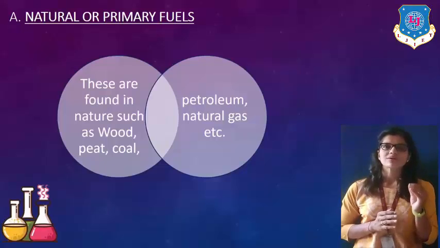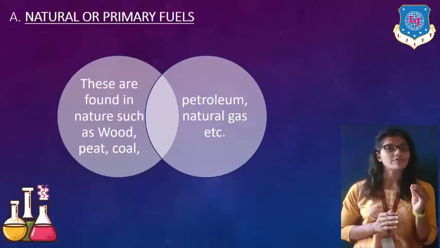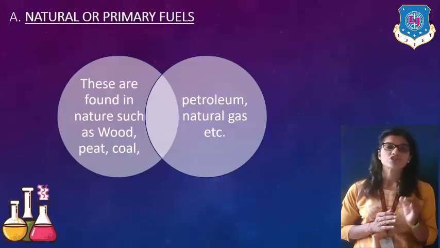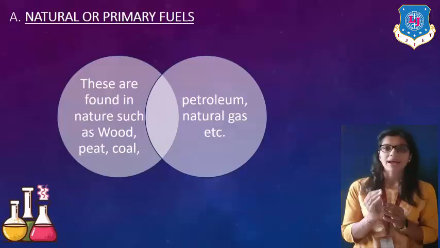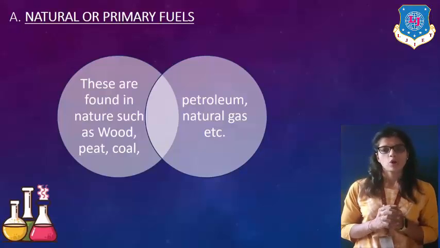So the fuels which are found in nature, or which have availability in nature very easily, are known as natural fuel or primary fuel. For example, wood, peat, coal, etc.